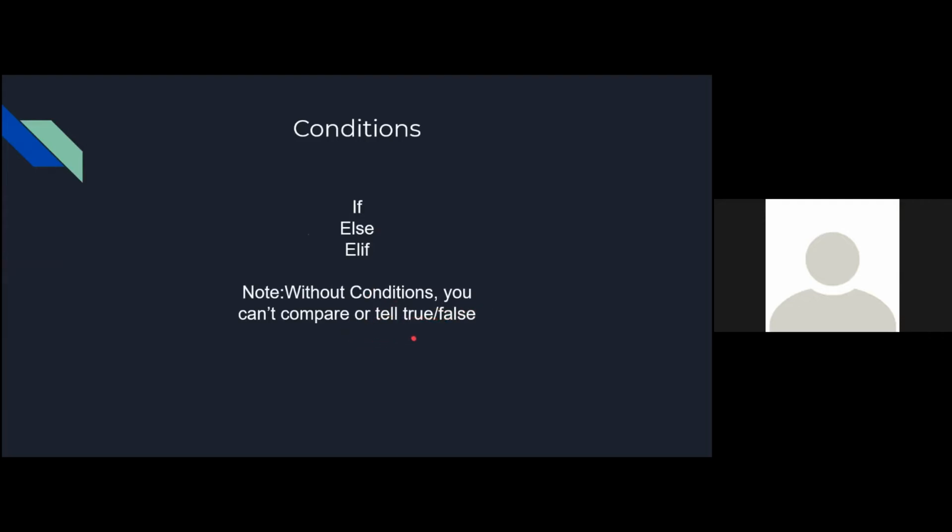Just like in real life, if your parent said nothing, you couldn't do anything, and you couldn't do nothing, which doesn't make any sense. So without conditions in Python, you can't compare true or false.